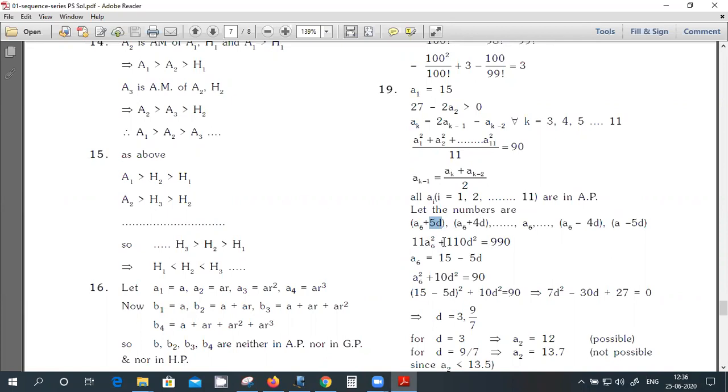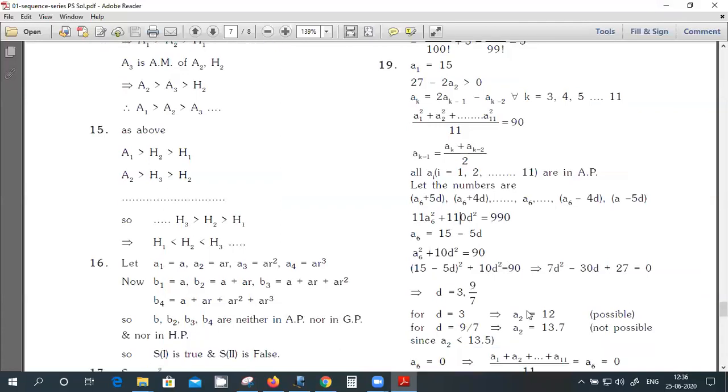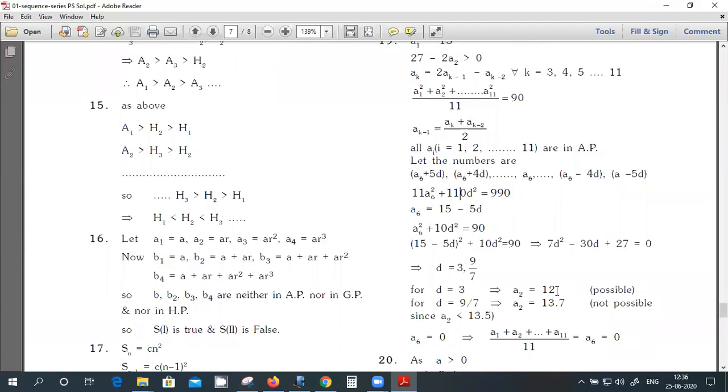So from that you'll get 110. So D will come 9 by 7. Once you know D, then A is known. It is simple.